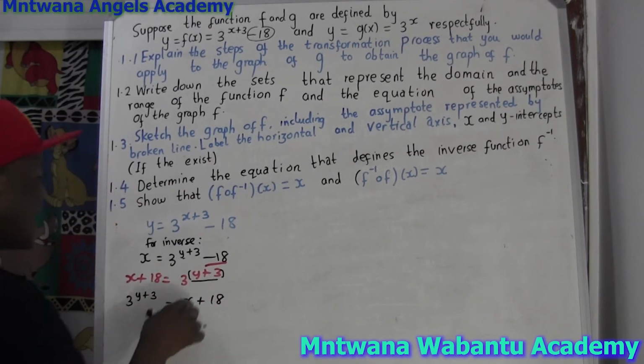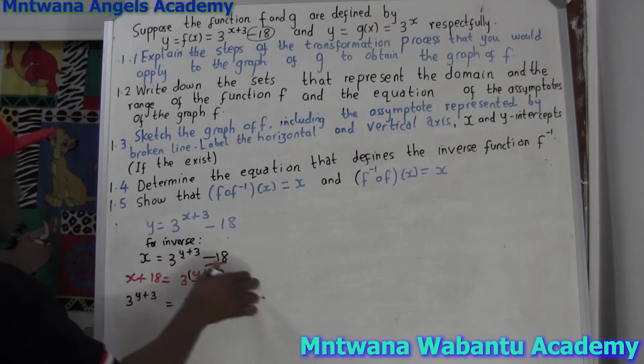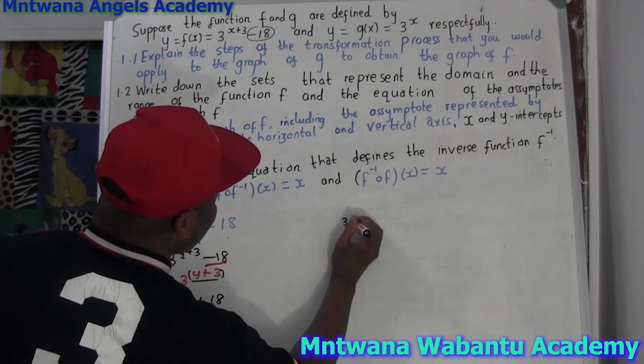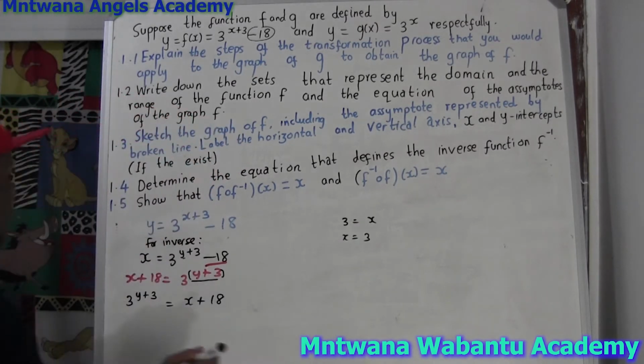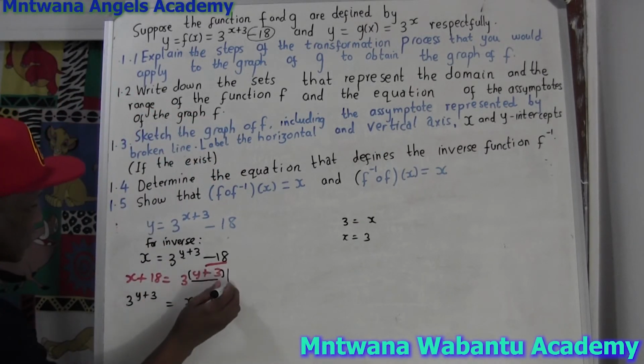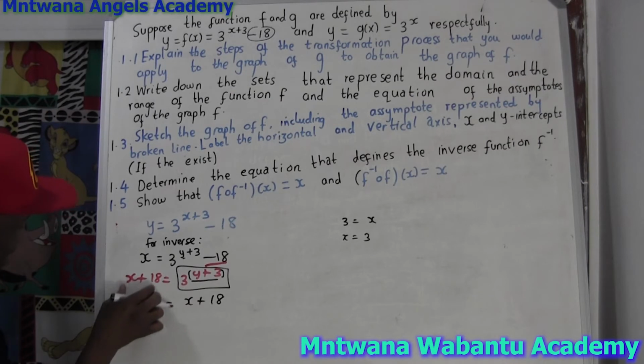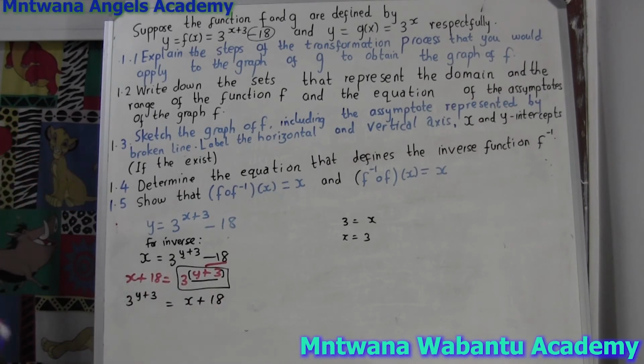So what did I do here? I've taken these to the right and these to the left. It's like if somebody gives you 3 equals x, I'd rather say x equals 3, because that's what I'm looking for. Same thing, I started with this. This is this and this is this.